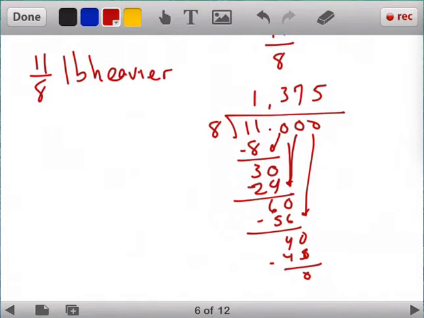So as a fraction, it's 11 eighths, or 1 3/8 pounds heavier, and as a decimal, it's 1.375 pounds heavier.